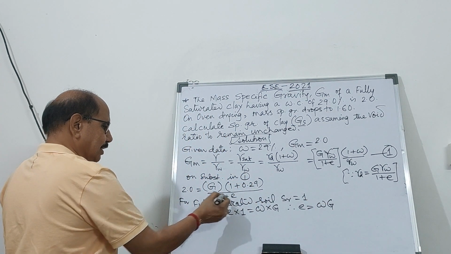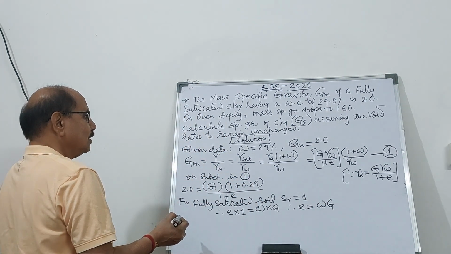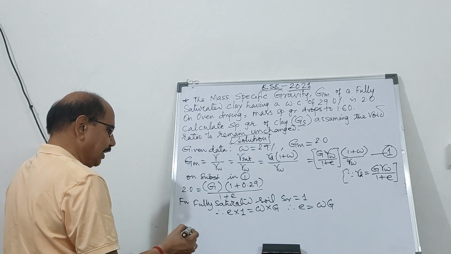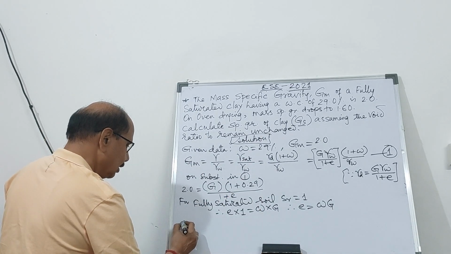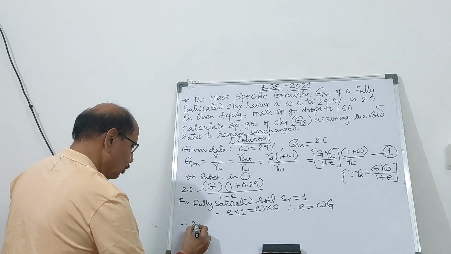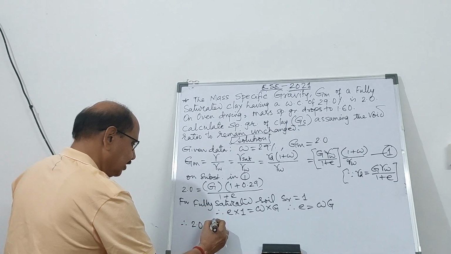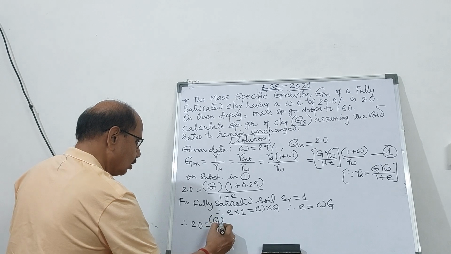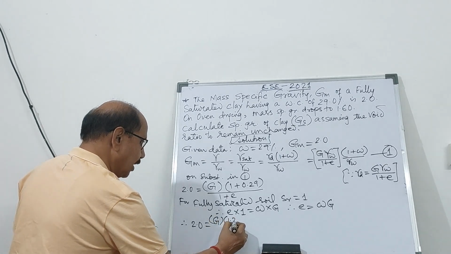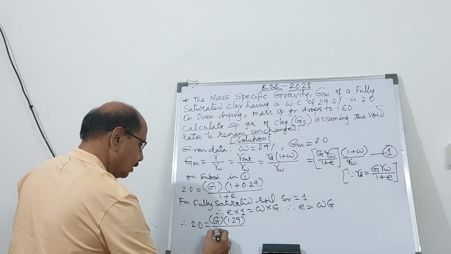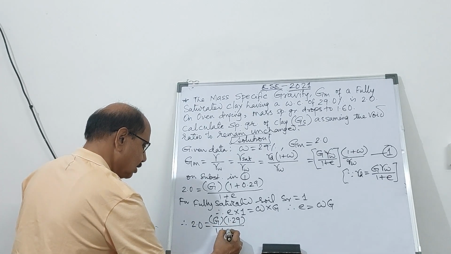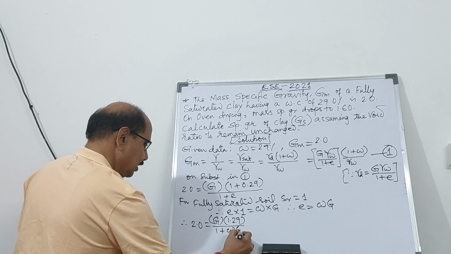Because the void ratio remains unchanged, I can write 2 equal to G, which I want to find, times 1.29 divided by 1 plus wG.